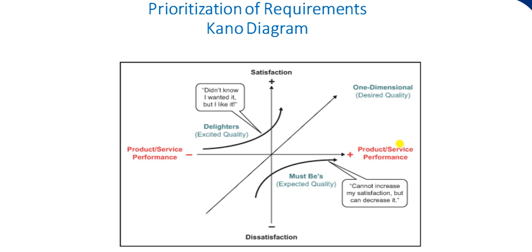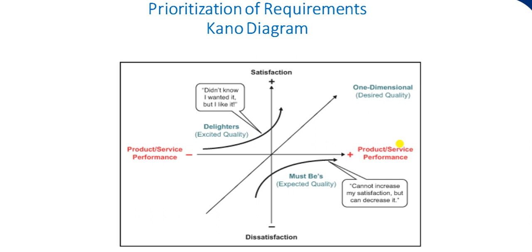Look here, this is the diagram for the prioritization of requirements. As I told, customer satisfaction is the y-axis and the product's performance is the x-axis. So it is one-dimensional. You can look at the delighters. The delighters are somewhere in the first and second top quadrant.